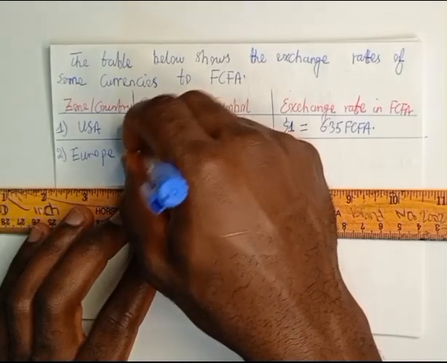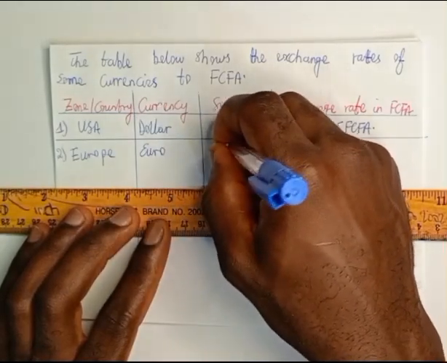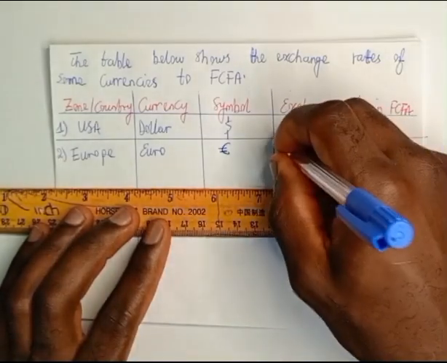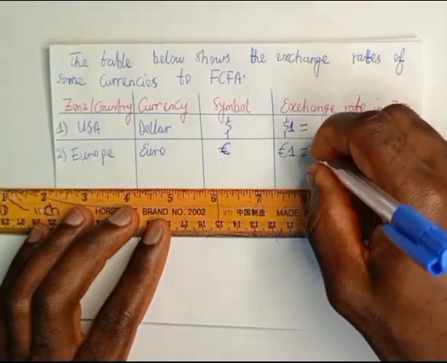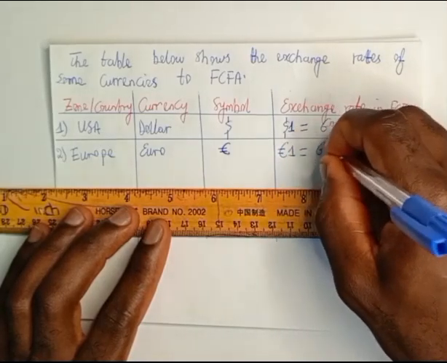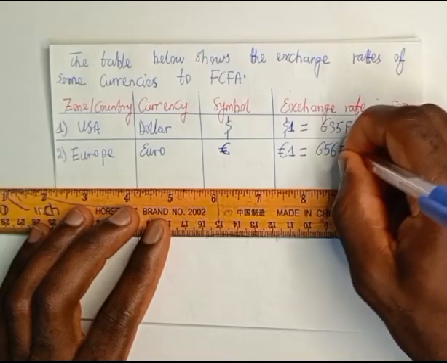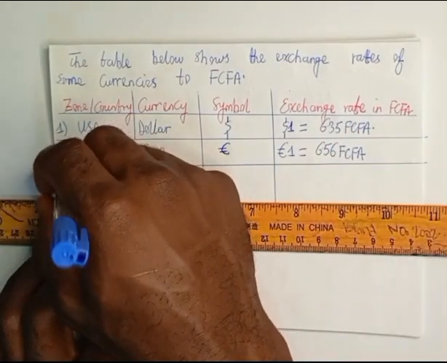This is one where they mostly make use of the euro. €1 is approximately 656 francs CFA. We move now to 3, Britain.